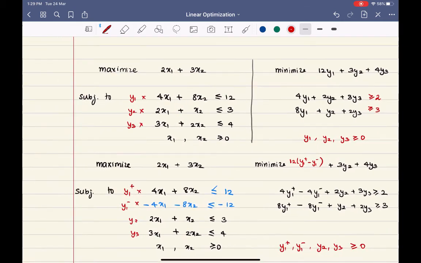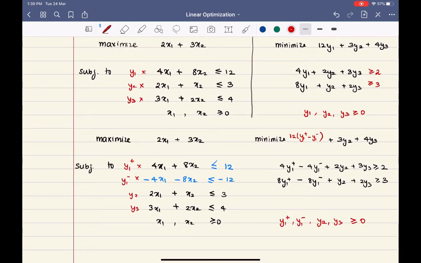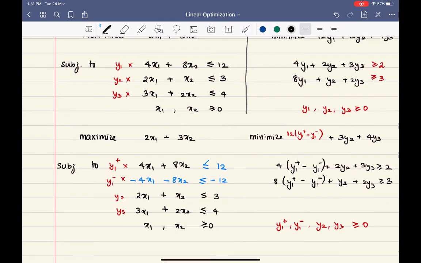We can rewrite these things as 4 times (y1 plus minus y1 minus), and 8 times (y1 plus minus y1 minus), and this also is 12 times (y1 plus minus y1 minus).